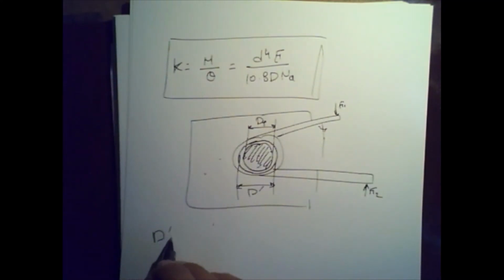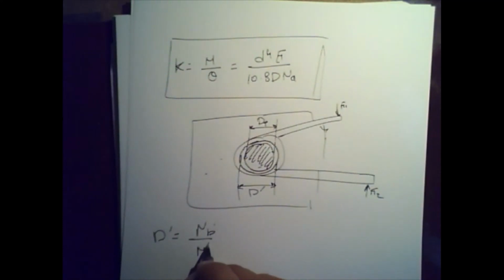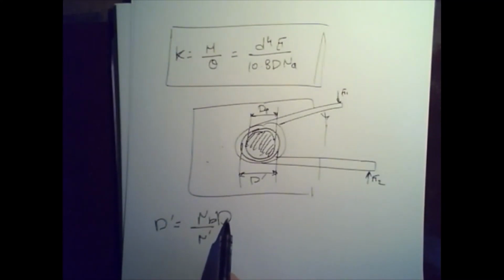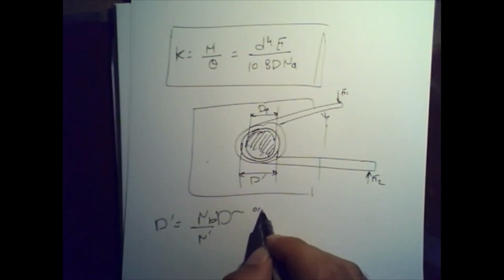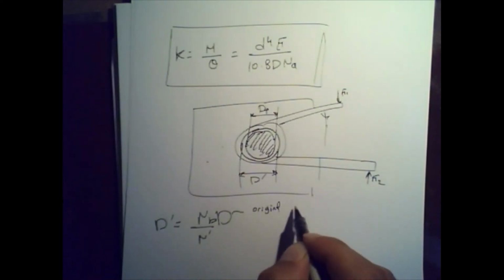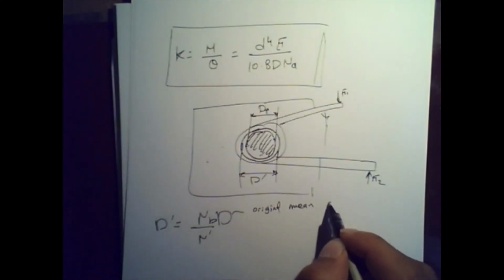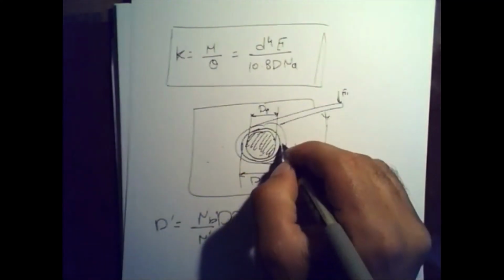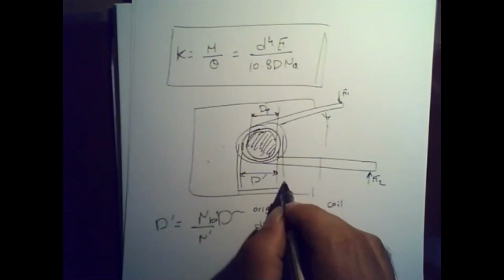So D prime is going to be equal to N_B divided by N prime multiplied by D. D is going to be the original mean coil diameter. In this case, it's going to be that distance, right?